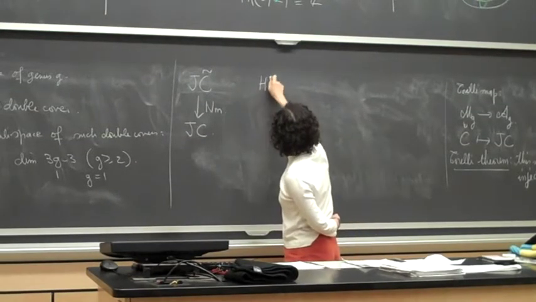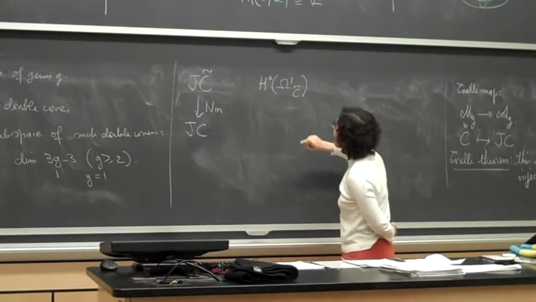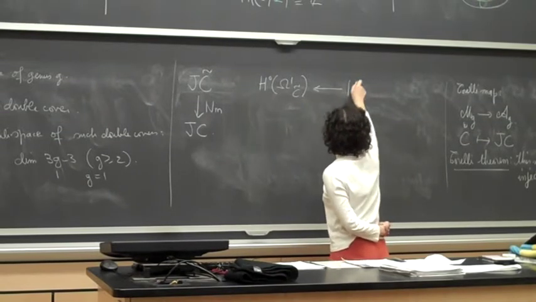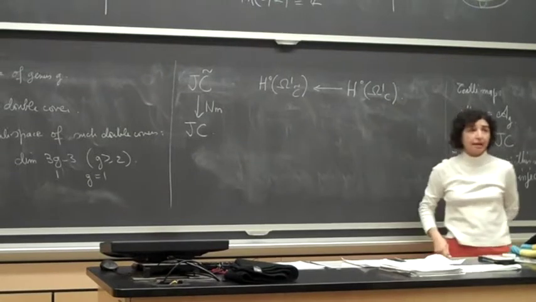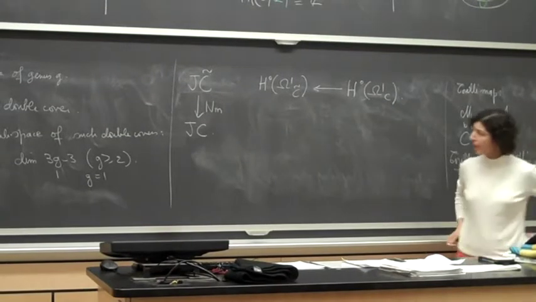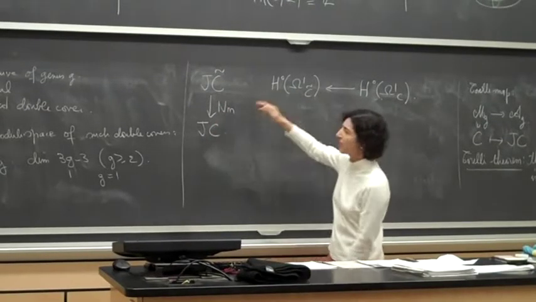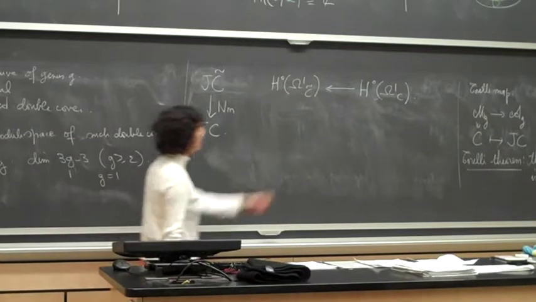We have the space of differential forms on C tilde, and then we have the space of differential forms on C, right? So you can pull back differential forms, basically in the same way that you can pull back functions from one curve to the other. You can pull them back, so the map goes the other way.